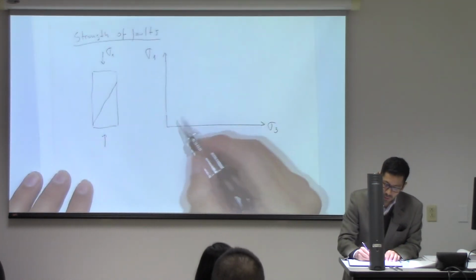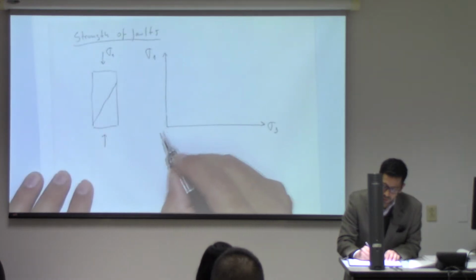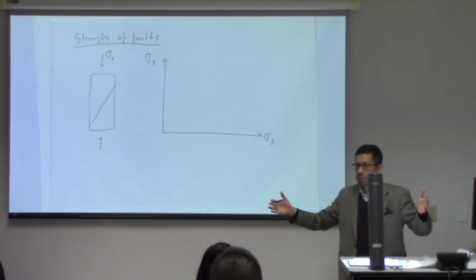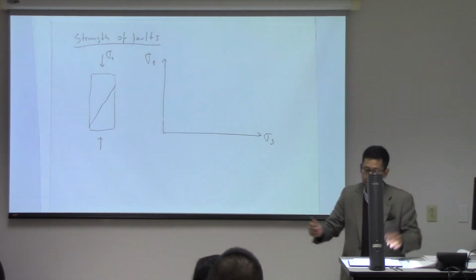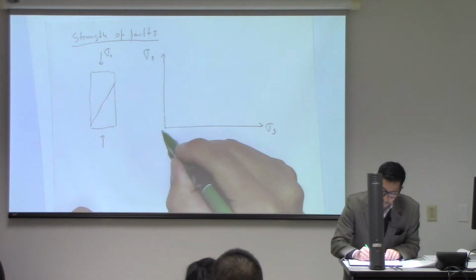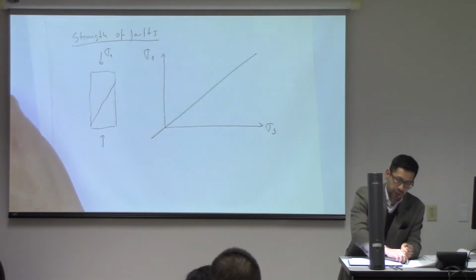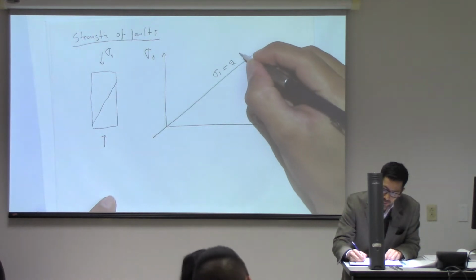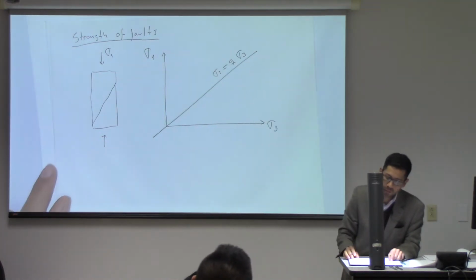So this is going to be a line in the case of faults. And remember that a fault is a rock mass at the large scale, and it's already fractured. So here I'm just going to have a line where sigma 1 is equal to Q sigma 3.